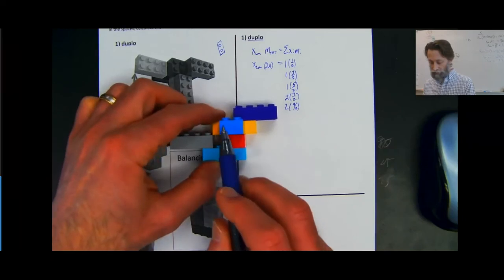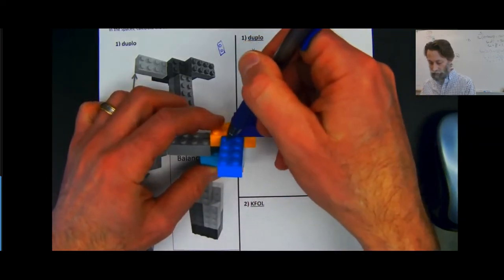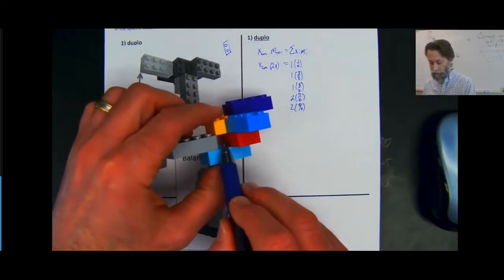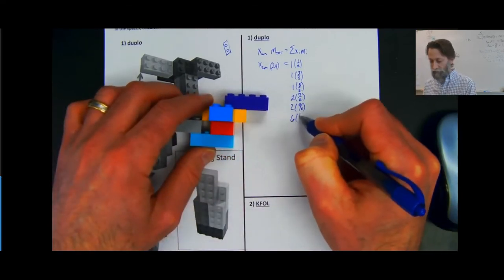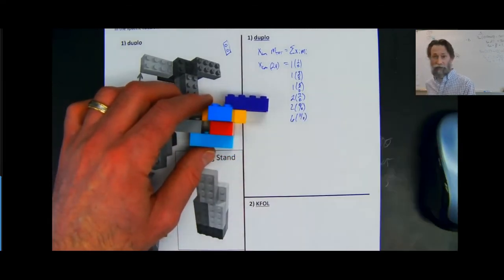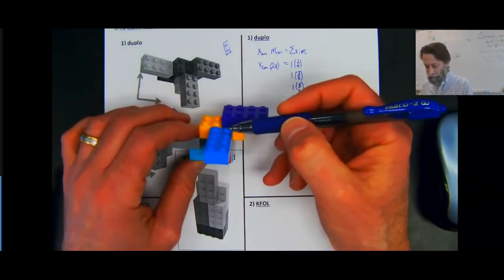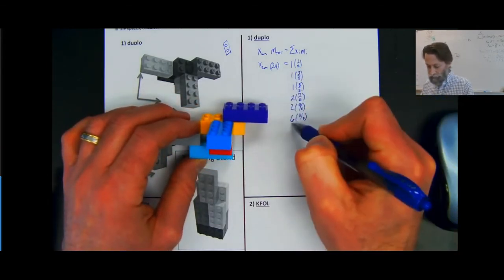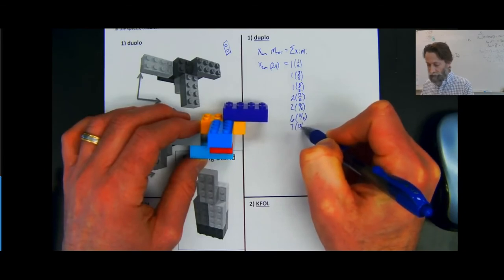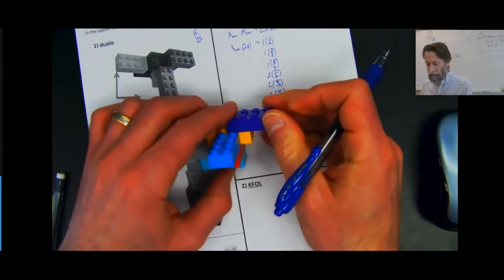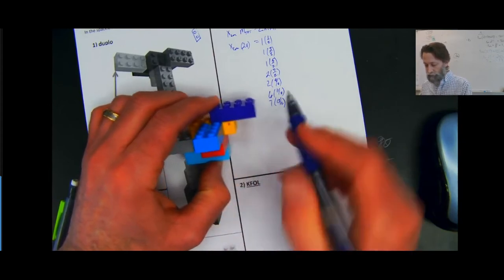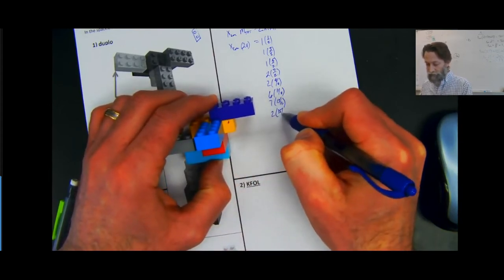Now when I get to this column here, I have 1, 2, 3, 4, 5, 6 of them that are at 11 halves. And then if I look at the next column, I'm going to have the exact same number, but I've added this one up here. So this is going to be 7 at 13 halves. And then now I'm to this column, which is going to be back to 2 of them at 15 halves.